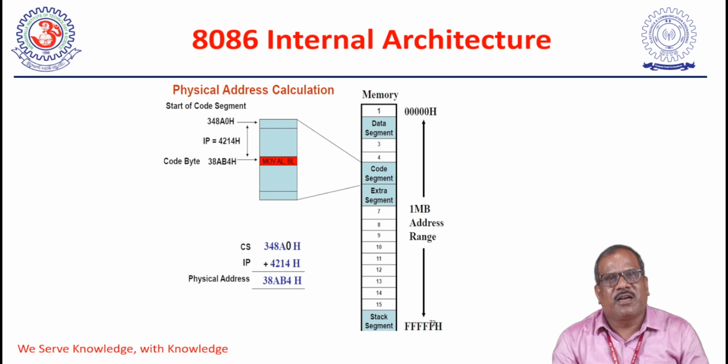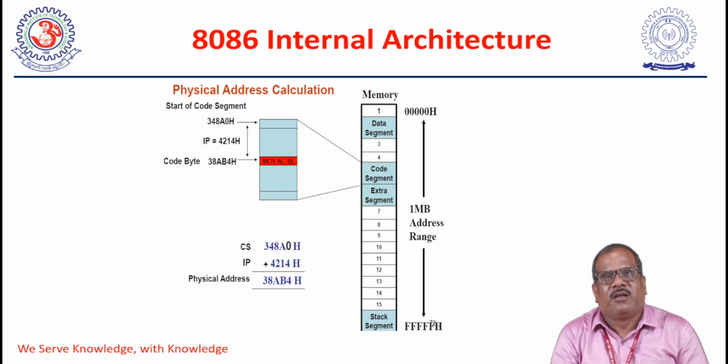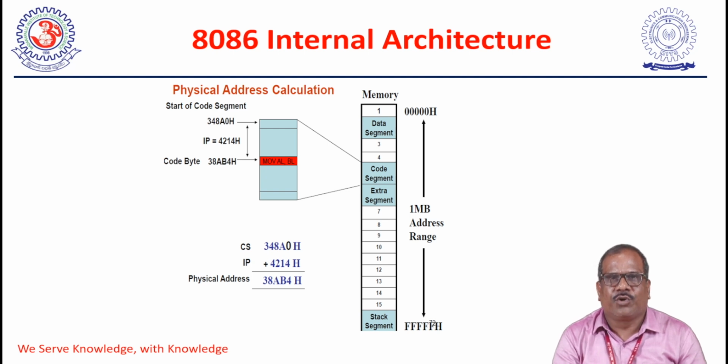Now the physical address calculation. Here we have 4 segment registers, and each segment consists of 64 KB. We assign the initial and ending addresses, for example between 50000 and 5FFFF. In the 8086 we generally use 16-bit addresses, so the 20-bit address is converted into 16-bit with the help of this address conversion mechanism.